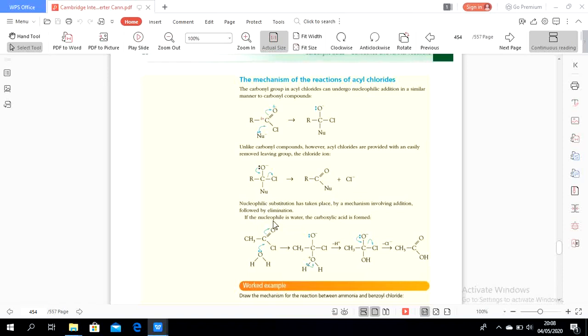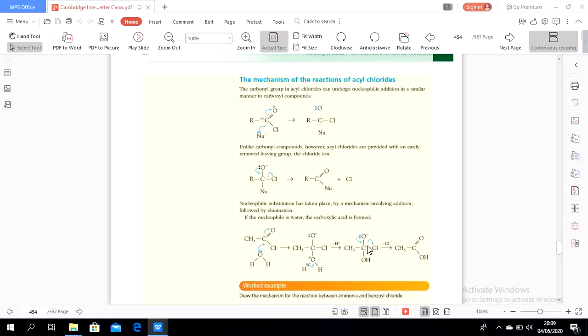If the nucleophile is water, carboxylic acid is formed. So this is the mechanism. The oxygen of the water will donate electrons, making a covalent bond with the carbon, and then the electrons of the carbon are taken by the O. That makes the carbon in the center bonded to 4 different atoms or groups, so this intermediate forms a chiral center.